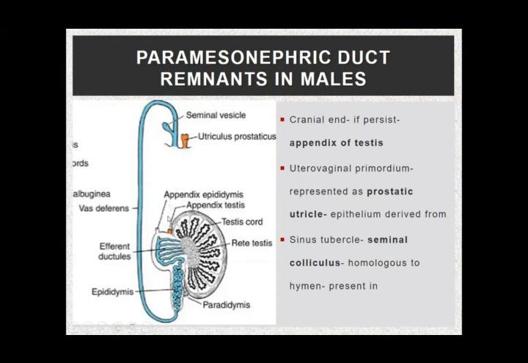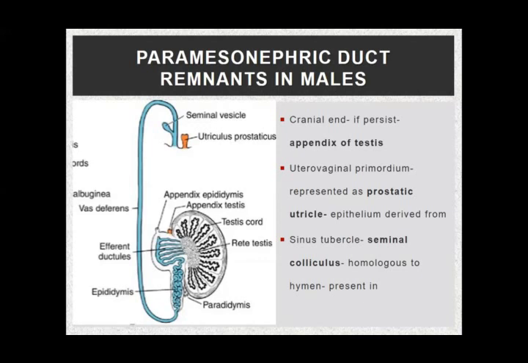The cranial-most part of the paramesonephric duct, if it persists, develops into the appendix of testis. This is the appendix testis, a vestigial structure with no function.